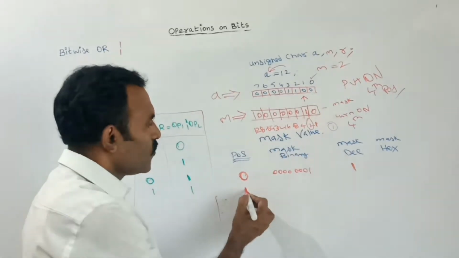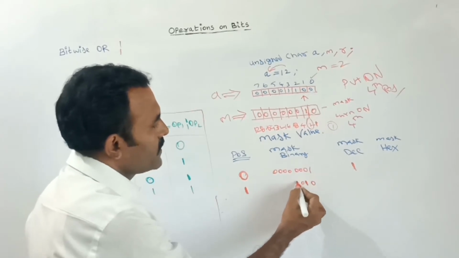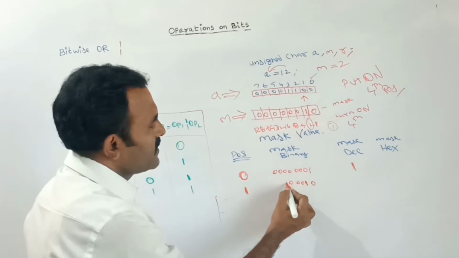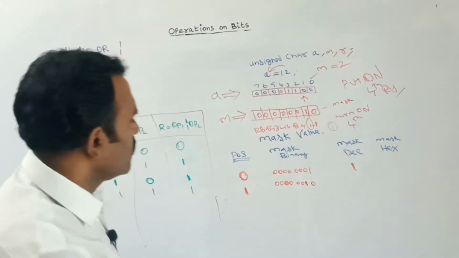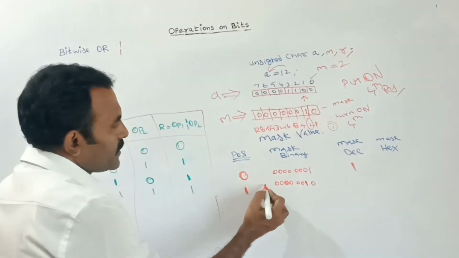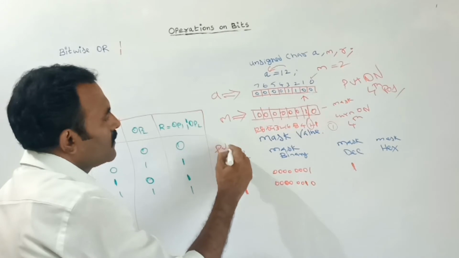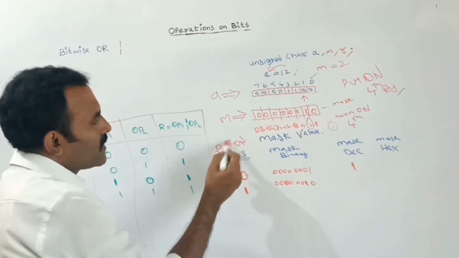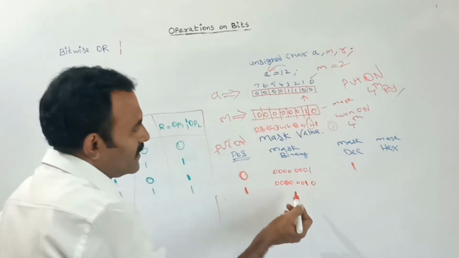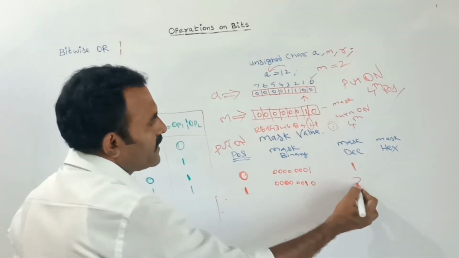Here this position 1 should be 1, and every remaining position has the binary value 0. It is used to turn on the position. If you want to turn on position 1, then this is the mask value, and converted into decimal it is 2.